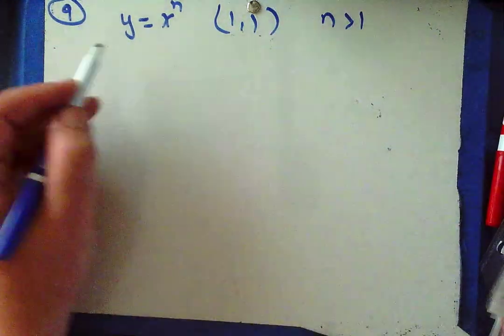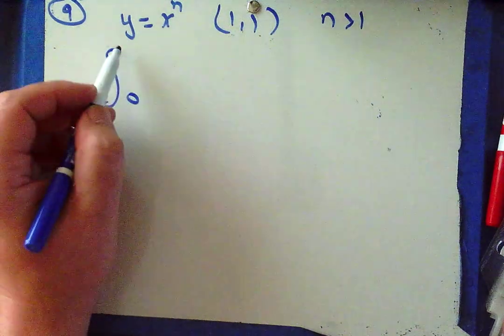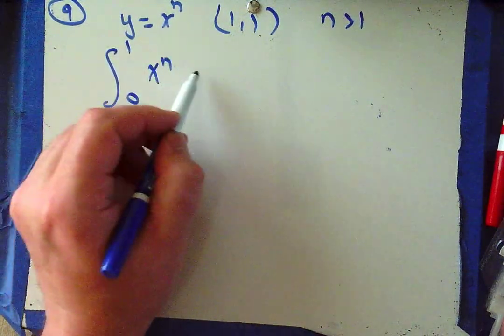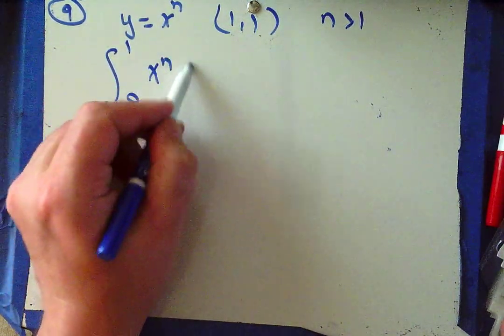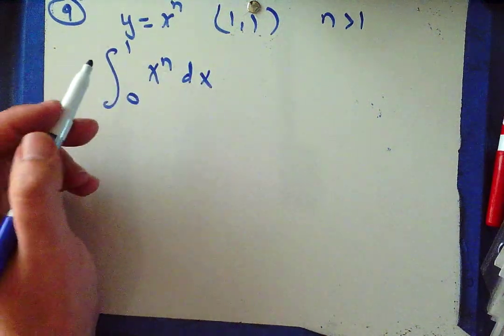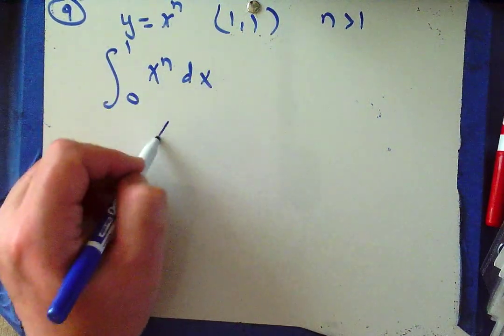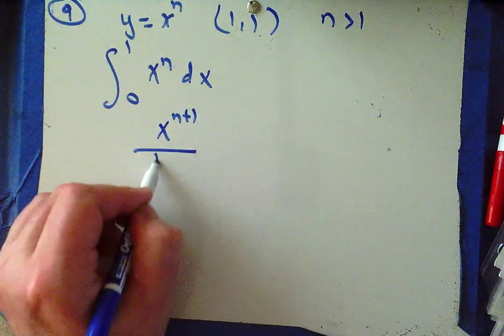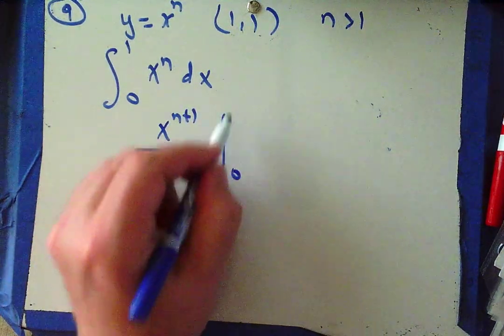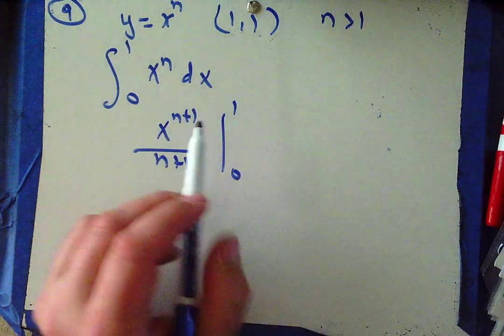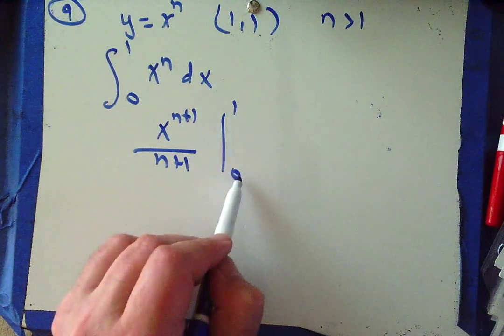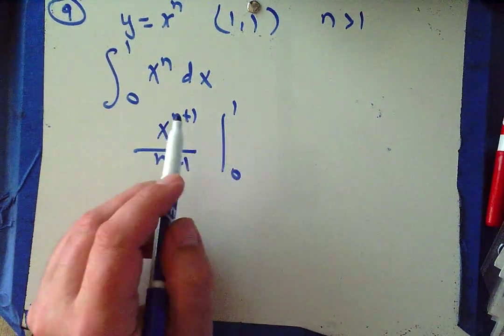Find the integral from 0 to 1 of x to the n dx in terms of n. Well, the antiderivative would be x to the n plus 1 over n plus 1 from 0 to 1. And remember, these are x values. There should be n's in our answer.